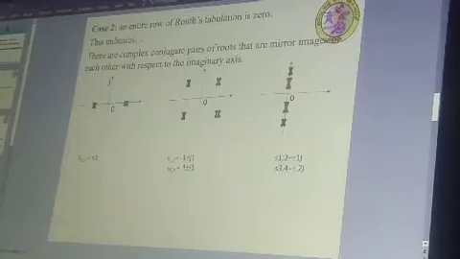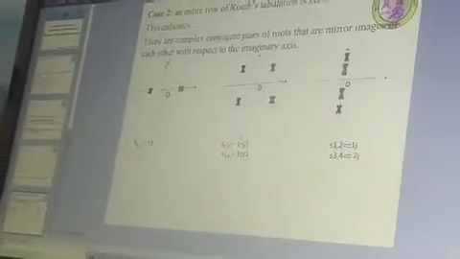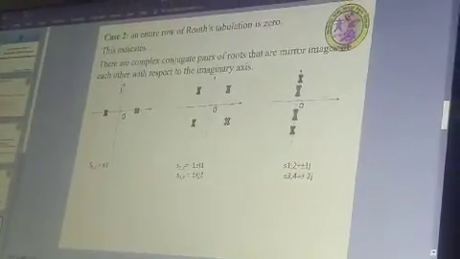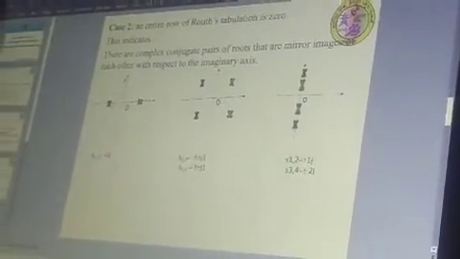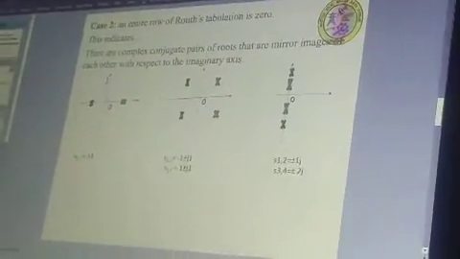Your poles, your roots, will be situated like this in the S plane. So either there may be s1,2 equal to plus or minus 1. So this is plus 1 on the real axis and this is minus 1 on the real axis. Both are mirror images of each other.